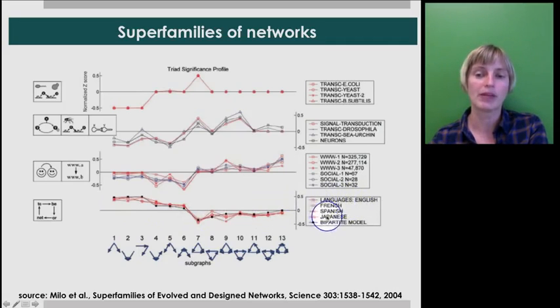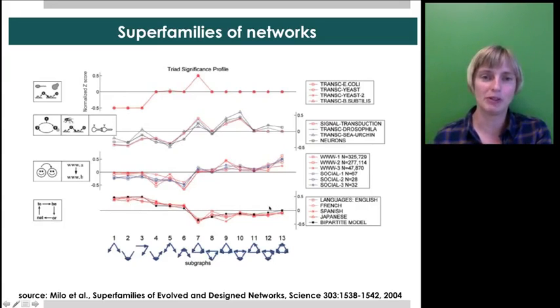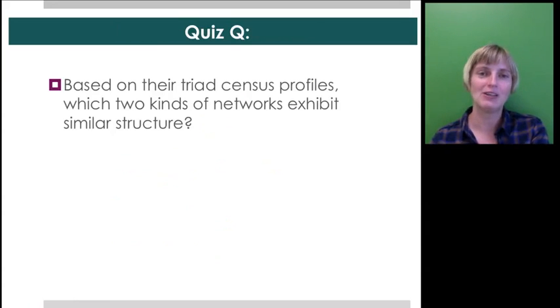For example, language networks that have edges between words that occur adjacently in text, so to be or not to be, that's a little four-cycle in there. Across different languages, the motif profile is very similar. So your task is to find, based on their triad census profiles, which two kinds of networks exhibit similar structure.